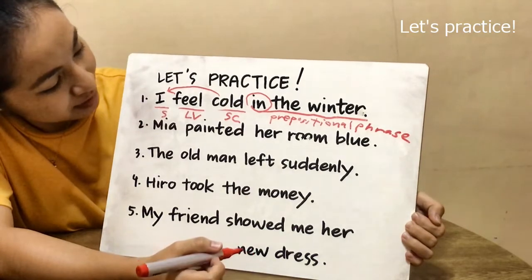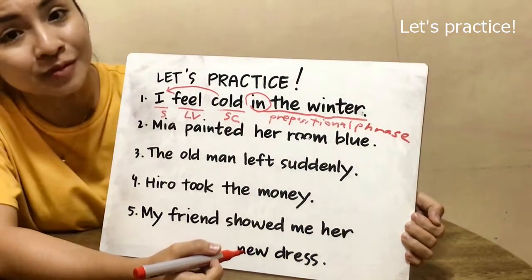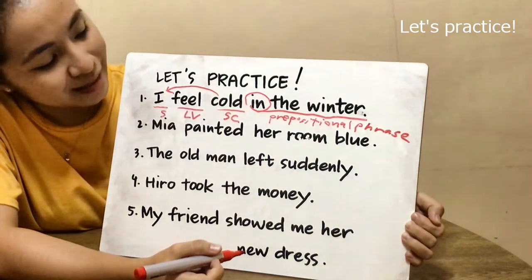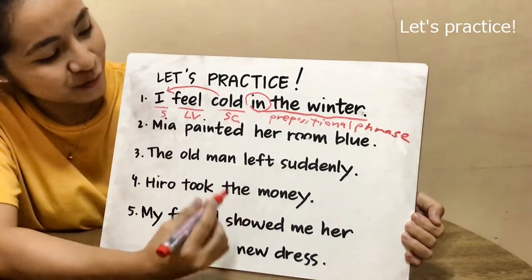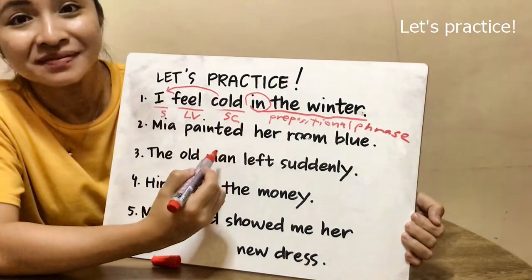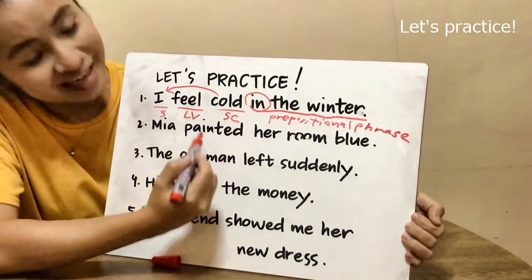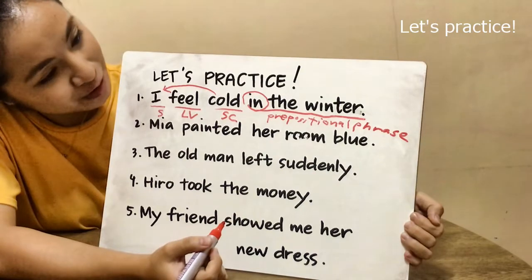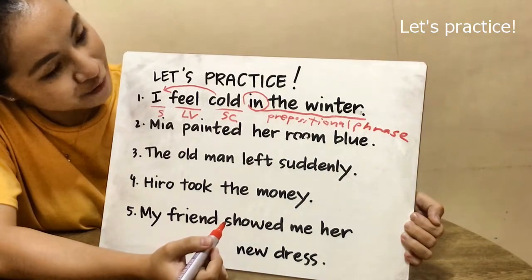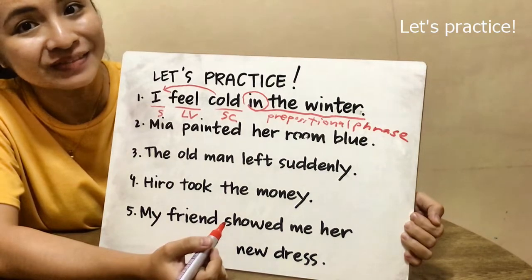So we have the sentence, Mia painted her room blue. So I think you can guess. Why? Because of the verb painted. Do you remember? So a while ago, I also showed you the list of verbs that can be used in sentence pattern number 5.